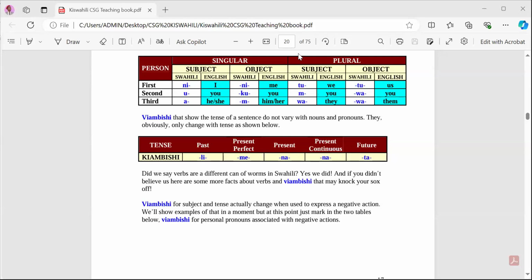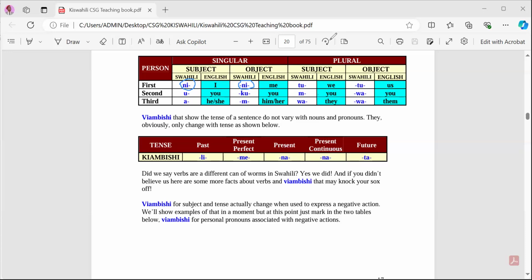So remember, in the subject part, the prefix is still ni. Are you seeing that? So alinifundisha, this is mimi ninafundisha. The word ninafundisha. Then here is alinifundisha. So ni becomes the same object and subject prefix.